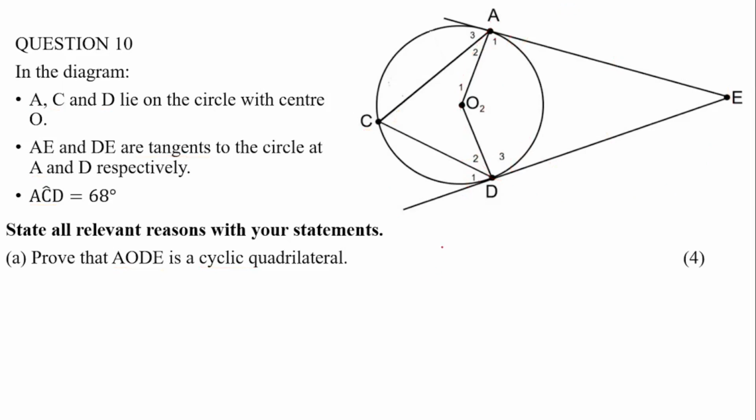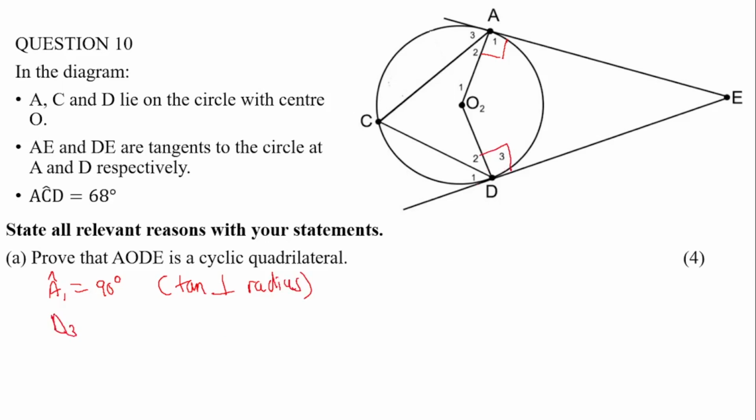Let's answer our question. So we're saying that angle A1 is 90 degrees. So angle A1 is equal to 90 degrees, and then reason tangent perpendicular to radius. Right, we have angle D3 also.